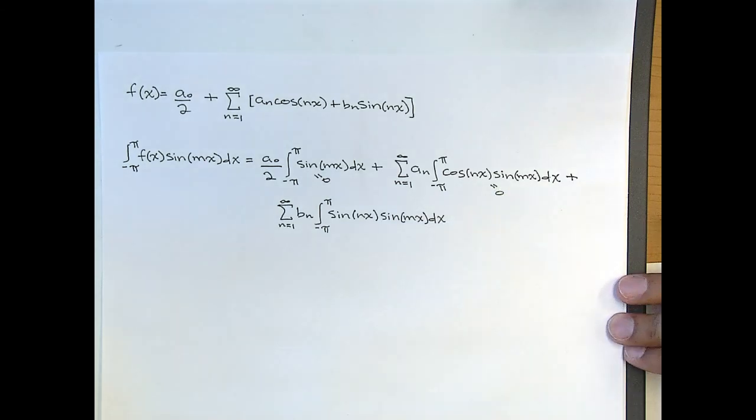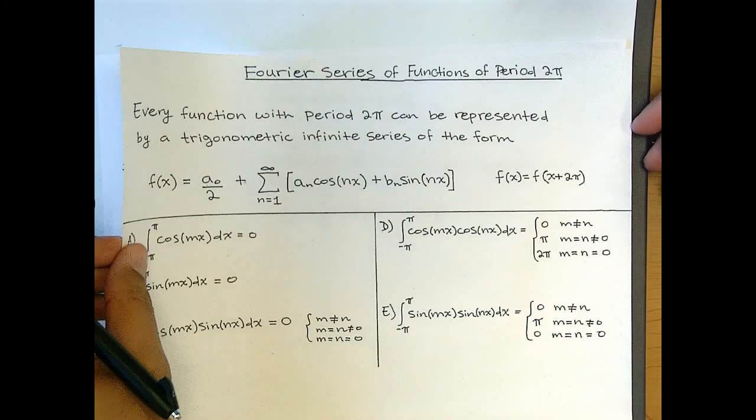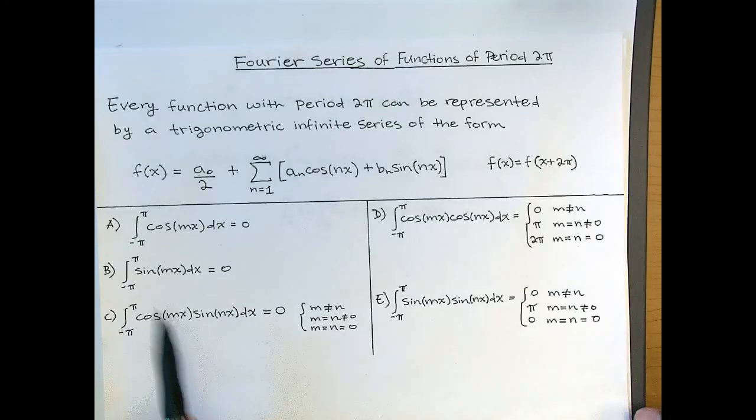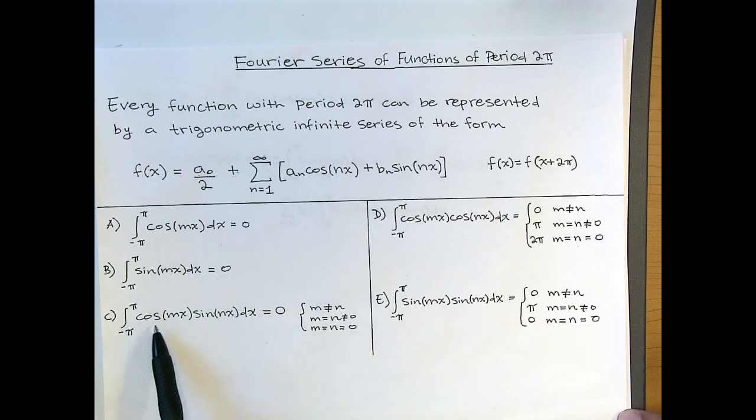And that's because, remember, the integral from negative pi to pi of the sine of mx dx is 0. And the integral from negative pi to pi of the cosine of mx sine of nx dx is also 0.